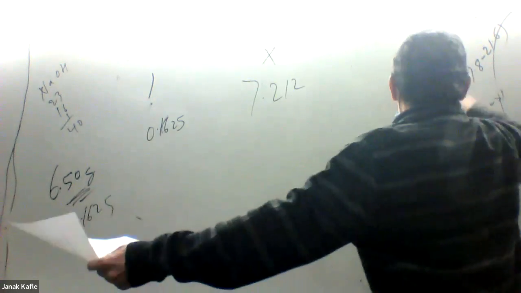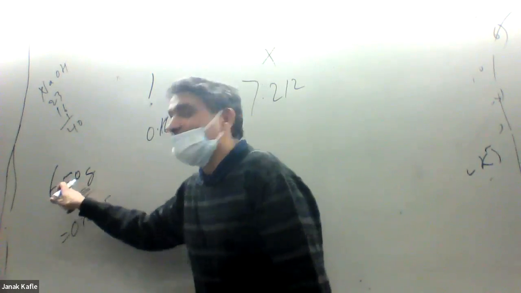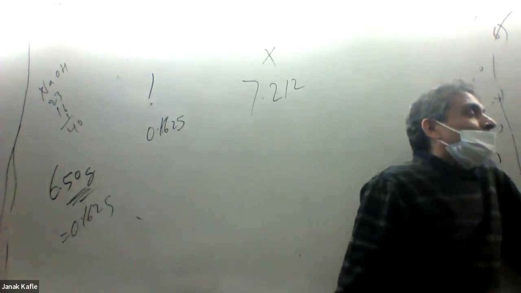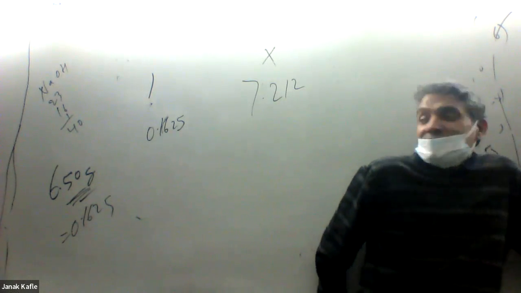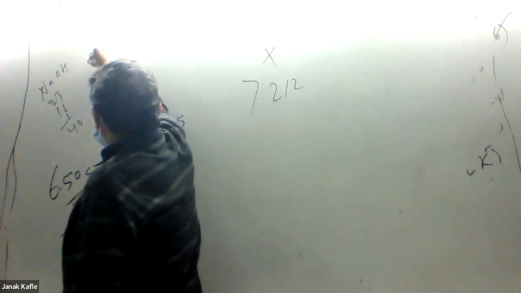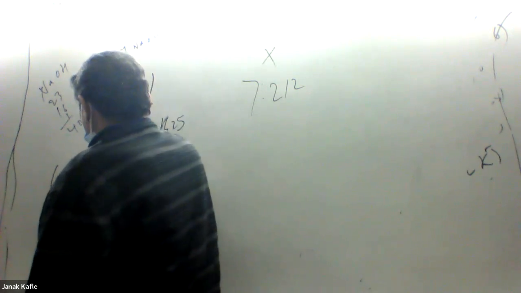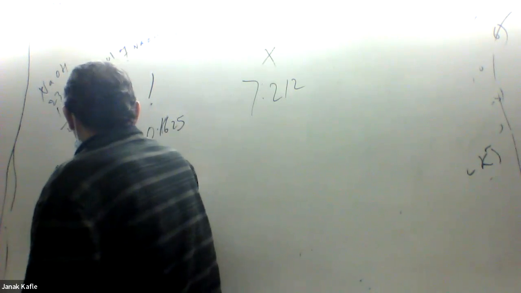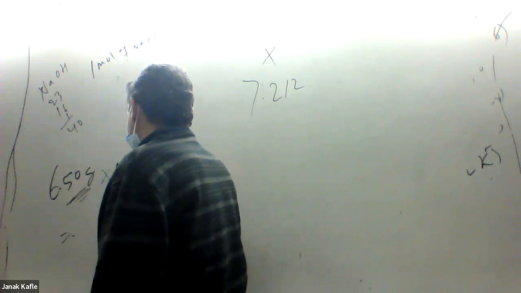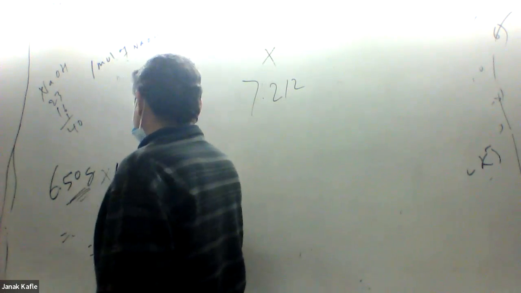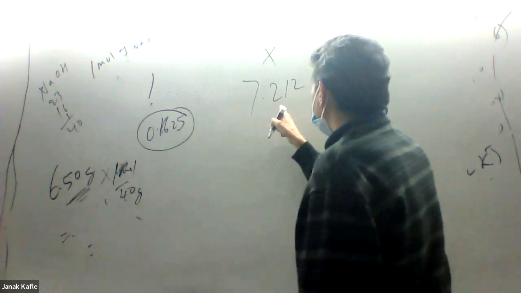So in this one, I did it that way. 6.50 gram is how many moles? You multiply by 1 mole divided by 40 gram, because 1 mole of NaOH is equal to 40 gram. So you need to convert this gram to mole. When you divide by 40 gram, you get 0.1625. So 6.50 gram is that many moles, and that many moles gives that much heat.